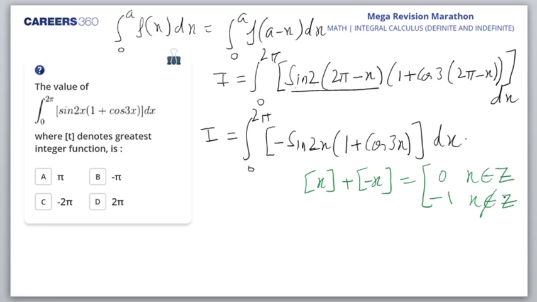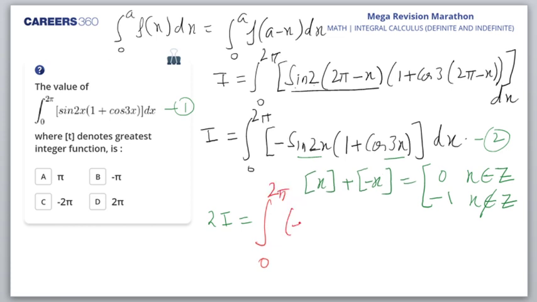So here, since sin 2x and cos 3x are not integers, if I add the two equations, I get 2I on the left hand side, and on the right hand side the greatest integer of this term plus the greatest integer of this term. This will fetch me minus 1.